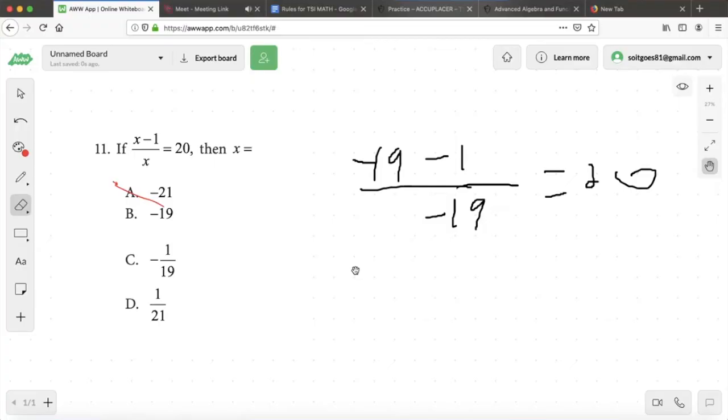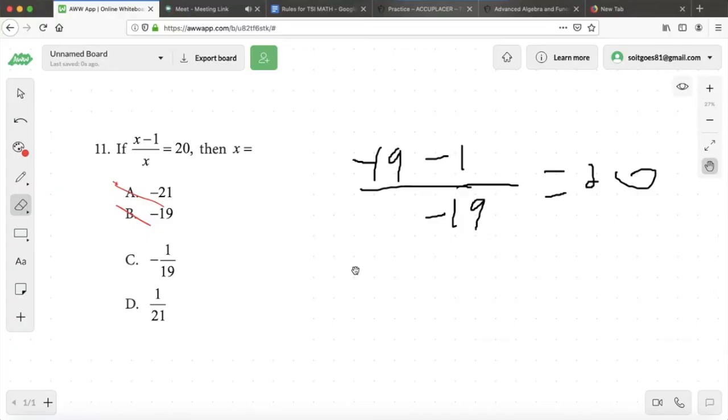Is that going to be 20? -20 on top, -19 on the bottom. Again, that's going to be close to 1. I don't know what it is, but there's no way it's going to be 20. Maybe 400 divided by 20 is 20, but the number on the top is not big enough if we're dividing by -20. So B's gone. So it's either C or D.